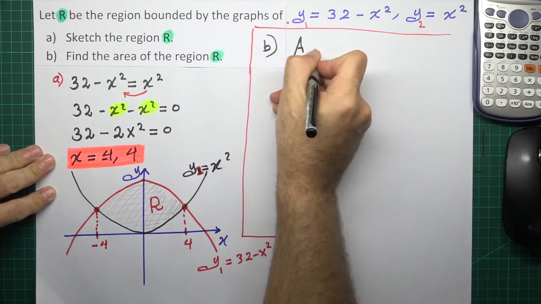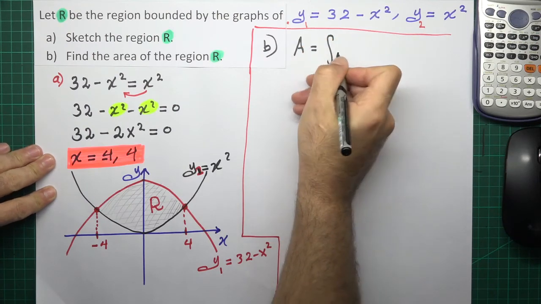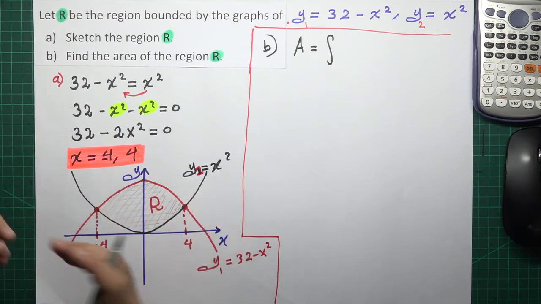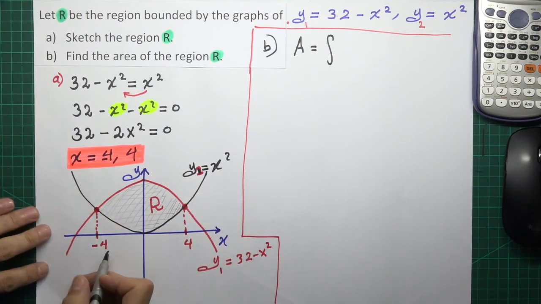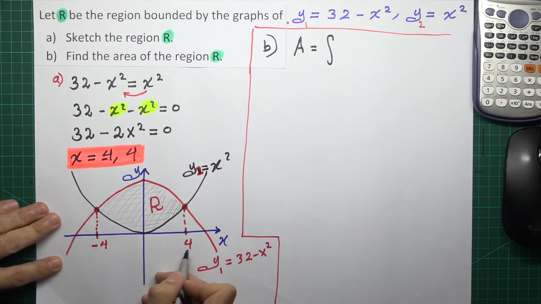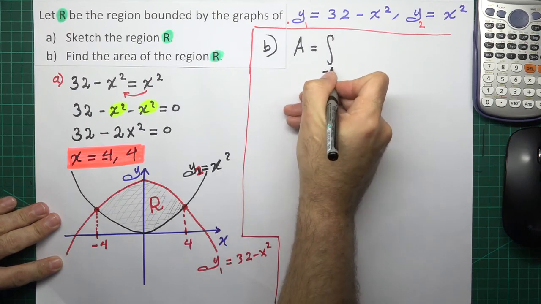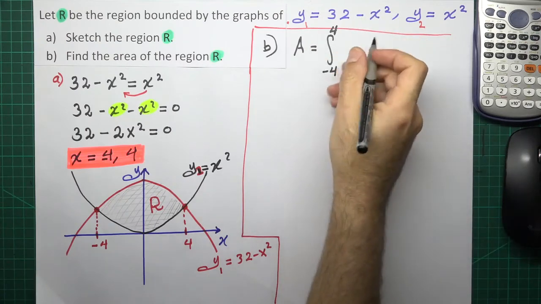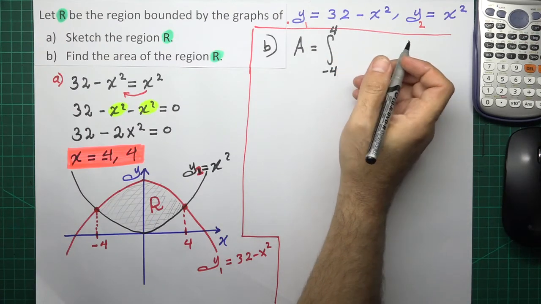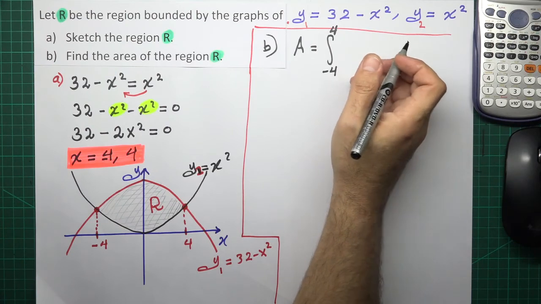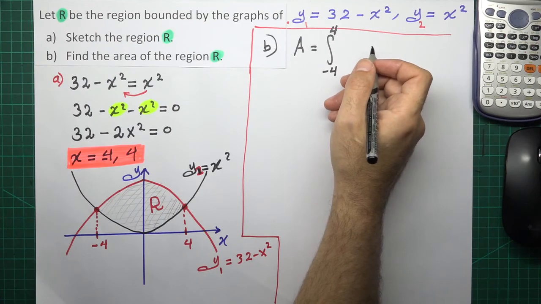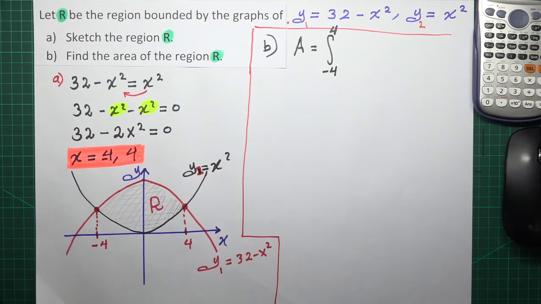So A, which means area, equals, I need this region, the highlighted region, the closed region between these two graphs, starting from -4 on the x-axis till 4. So I have minus 4 and 4 here. And I need something like function minus function. So we start with the upper function, the function on the top.